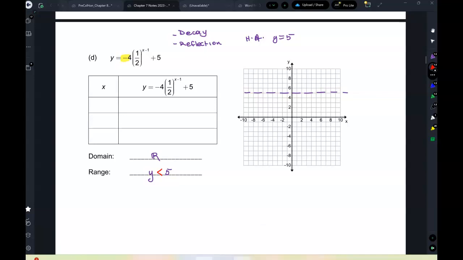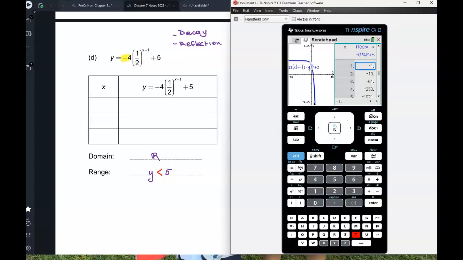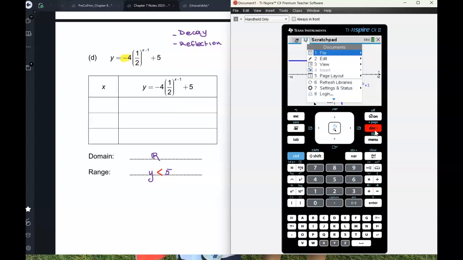For -1, how do you fill out the graph? Let's see. We'll pick a different number, right? So this is -4. Okay, so this is what this looks like.